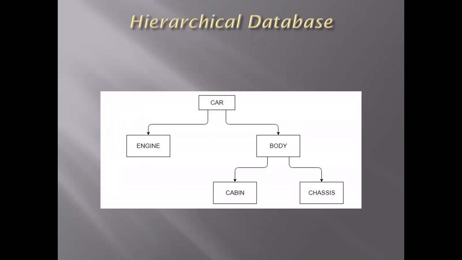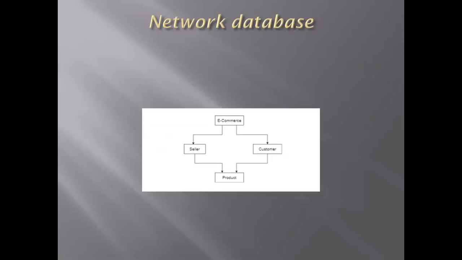It may look like the picture below. So here the car is the parent, and engine is a child, and body is a child. Also, there are two children of the body, cabin and chassis. So this is the structure of your car. That is the example of the hierarchical database.